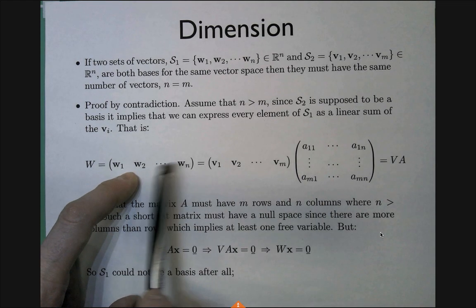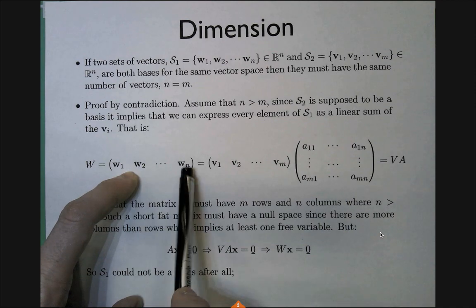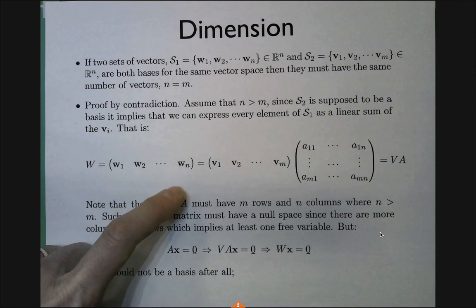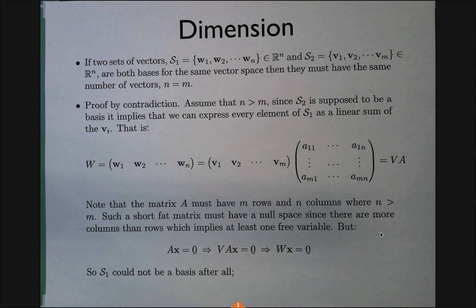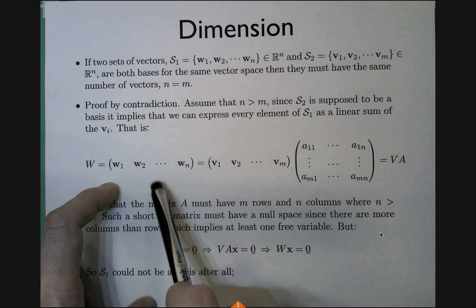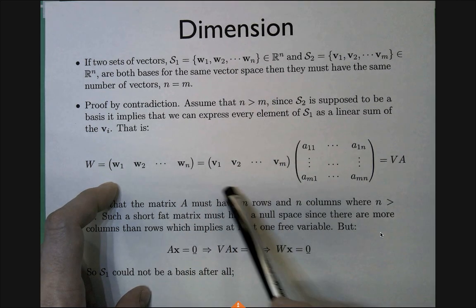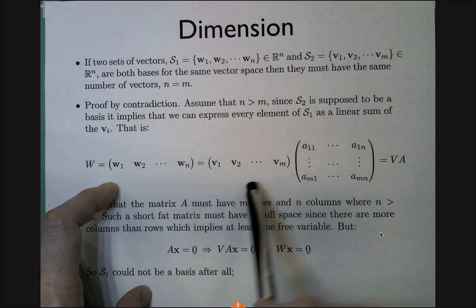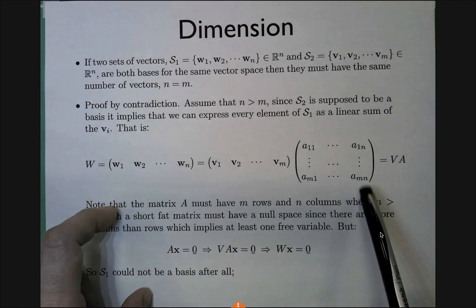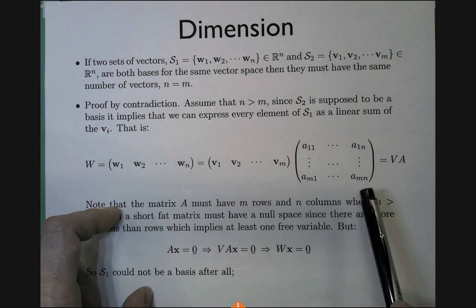Same thing for W2 with these coefficients, and so on. So this W matrix is the columns of the first basis, the V matrix stacks the column vectors of the second basis, and the A matrix is the matrix of linear coefficients that have to exist.